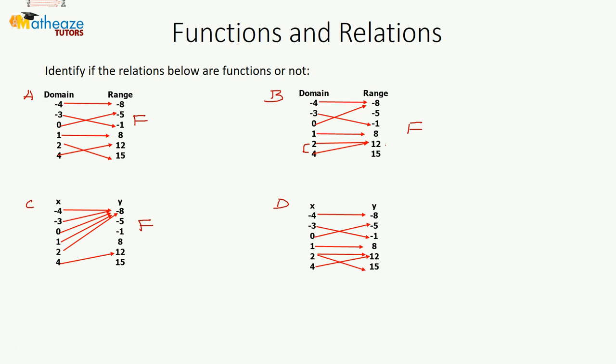For that reason alone, this is not a function, because you can only have one domain value and one range value. So we call that an ordered pair. That is why this is not a function, because 2 points to 12, and it also points to 15 on the range.